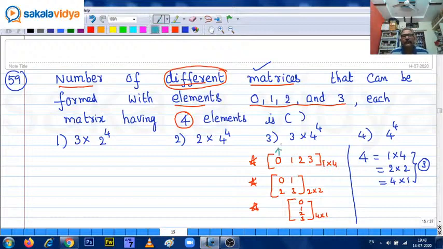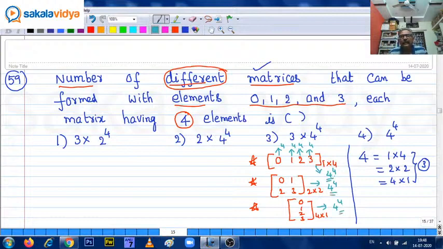In the place of each entry, 0 may come, 1 may come, 2 may come, 3 may come. You just observe it. This can be filled 4 ways, this 4 ways, this 4 ways, this 4 ways. So 1 by 4 matrices can be 4 to the power of 4. Even 2 by 2 matrices also 4 to the power of 4. Even 4 by 1 also 4 to the power of 4. Total we need to add: case 1, case 2, case 3.